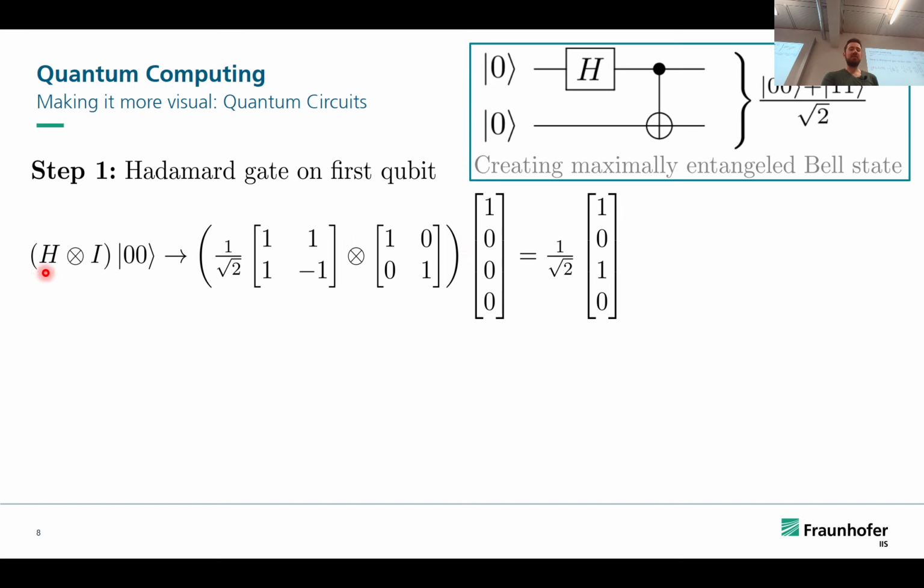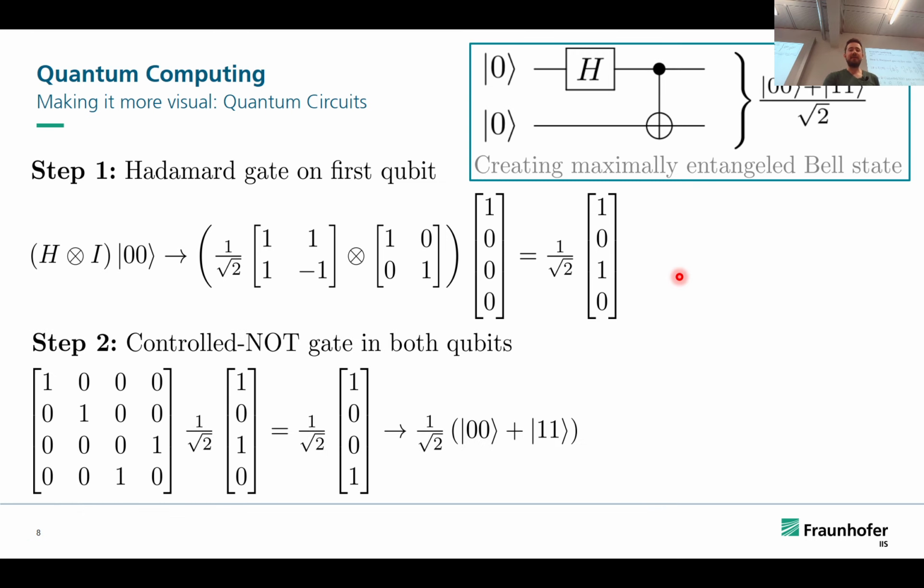Then we apply a Hadamard gate, which is just this matrix, to the first qubit, and we apply just the identity gate to the second qubit. Again, that's just linear algebra, so you can easily compute that. And then the controlled NOT gate can just be described by this matrix, and again the same, just computed. And so this will be the state you have finally prepared.